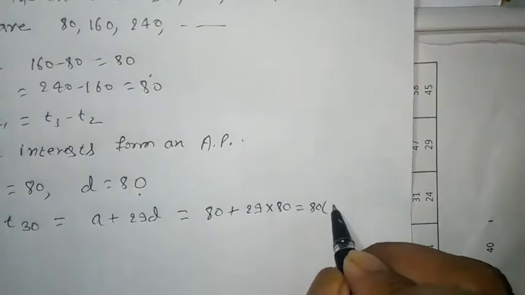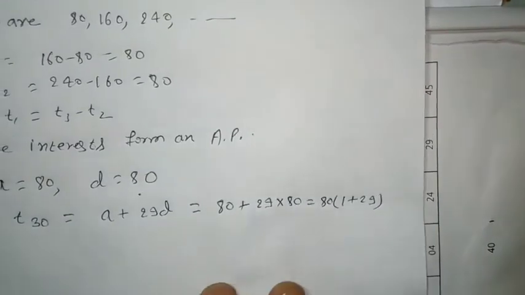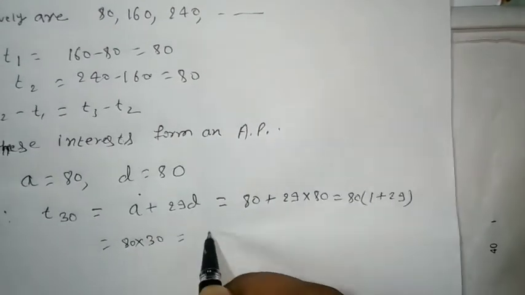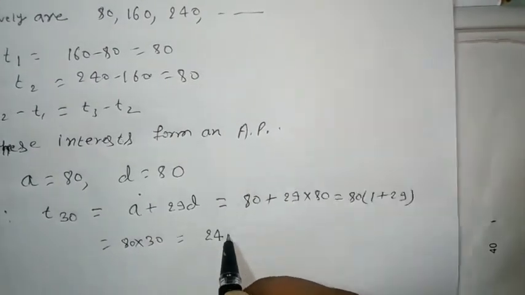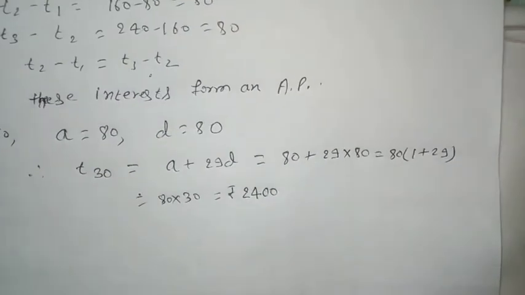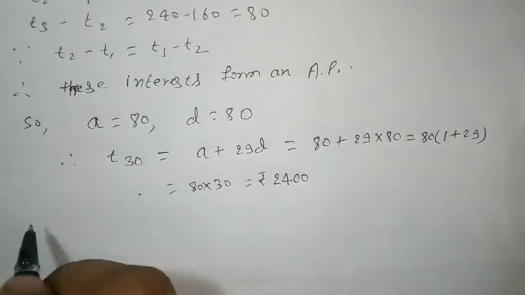Now 80 common, 1 plus 29 is equal to 80 into 30, 3 8s are 24, it means that 2400.